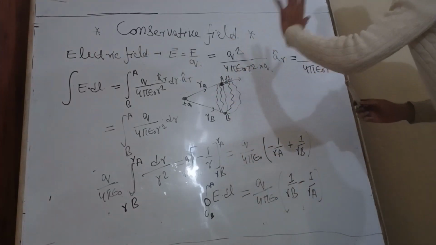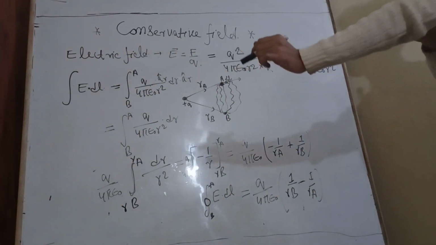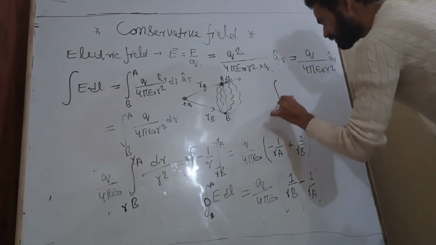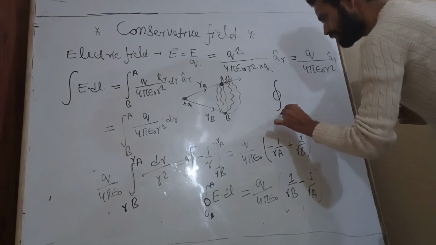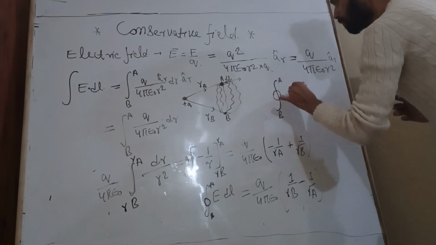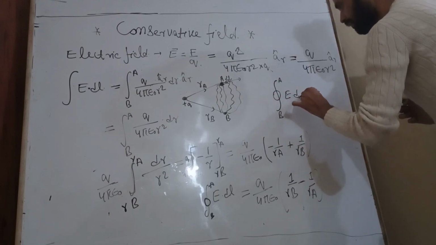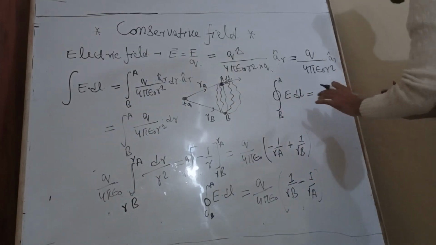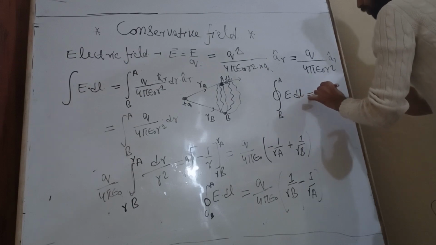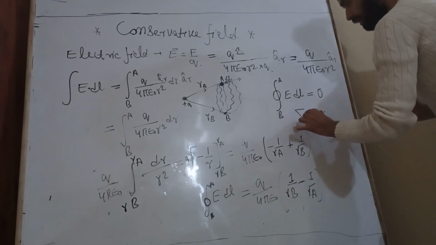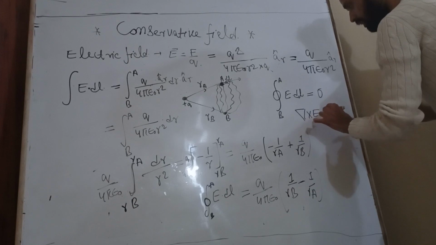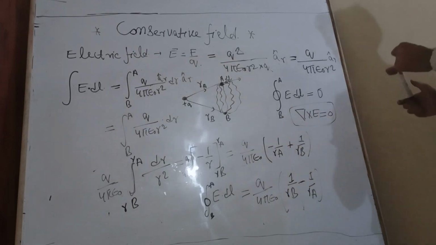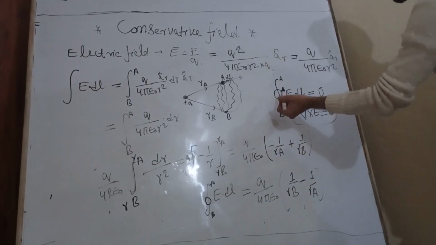So these are conservative fields. And now we can say the closed line integral of E vector dot dl is 0, and del cross E is equal to 0. Okay, so that is what we have seen.